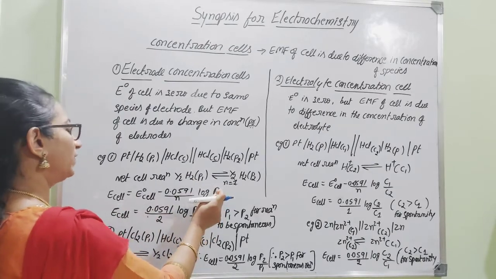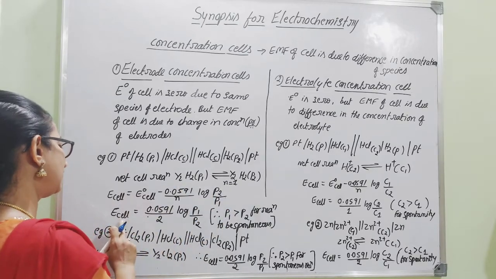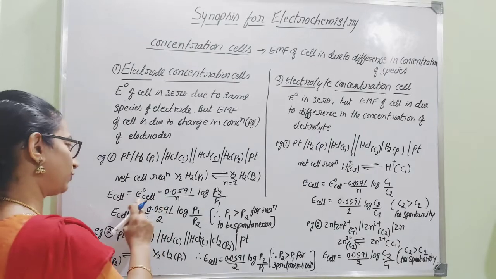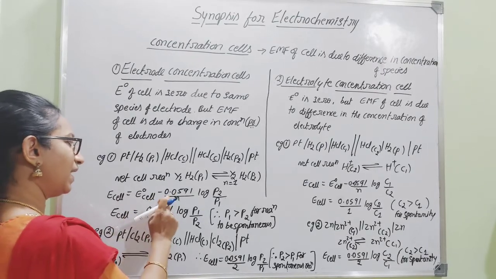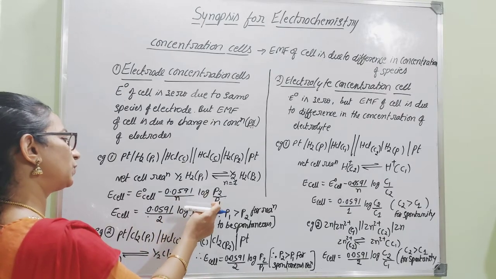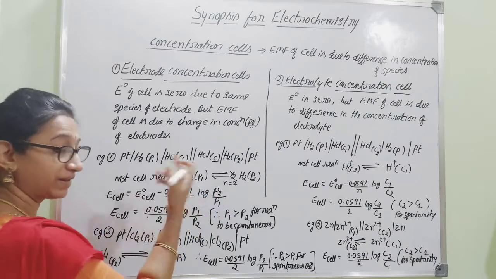One will be cathodic, another anodic pressure. Then E naught cell becomes 0, and if you want to remove the negative symbol, we can use log m by n is equal to minus log n by m, then the negative becomes positive.